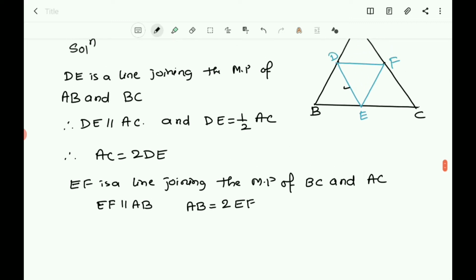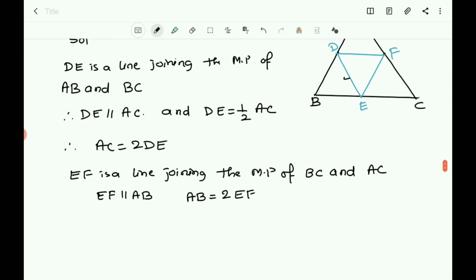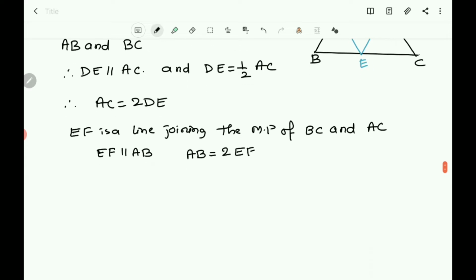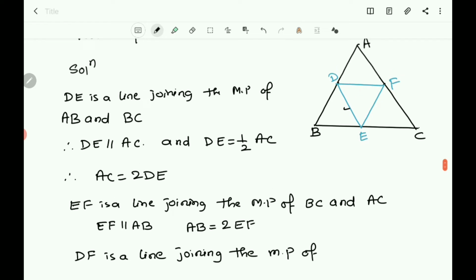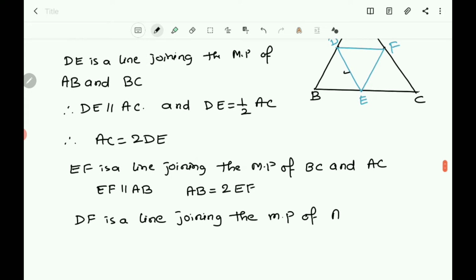Next, the third one is DF. DF is a line joining the midpoints of AB and AC.